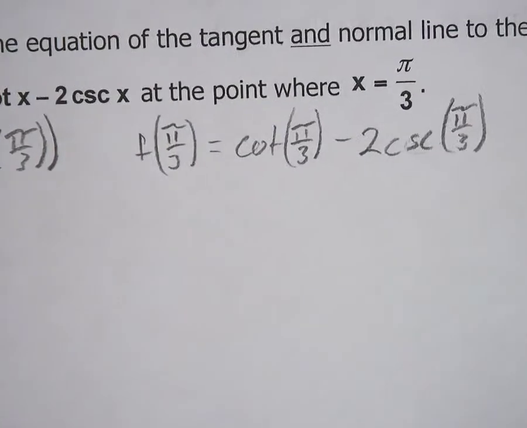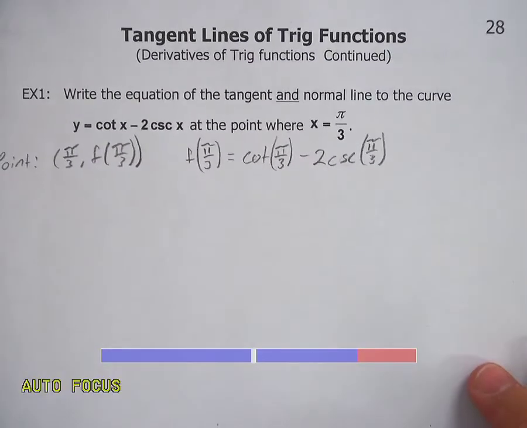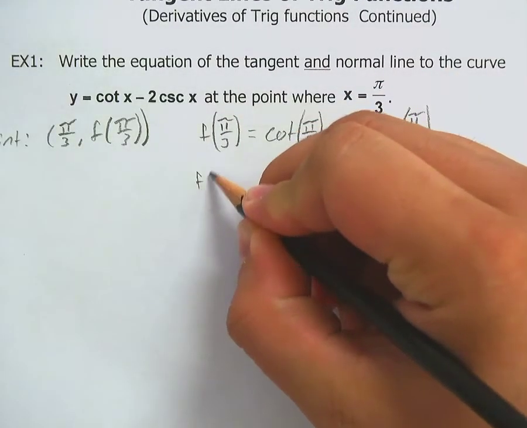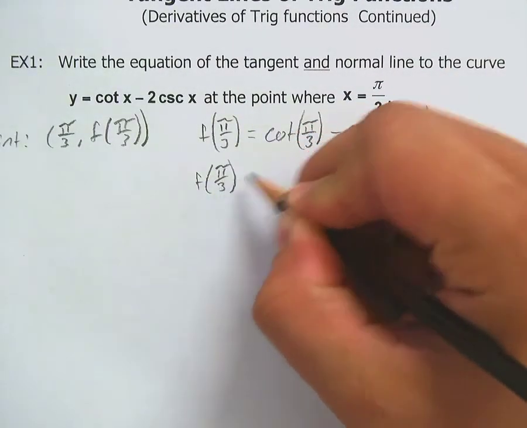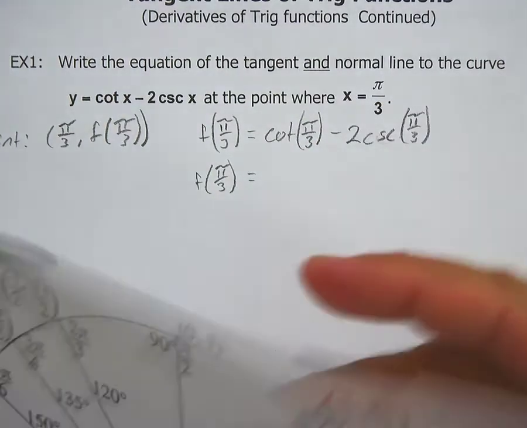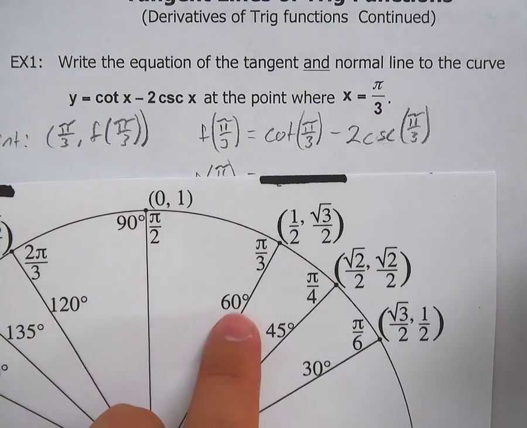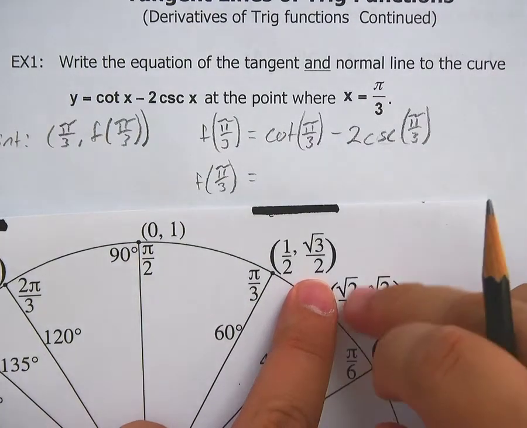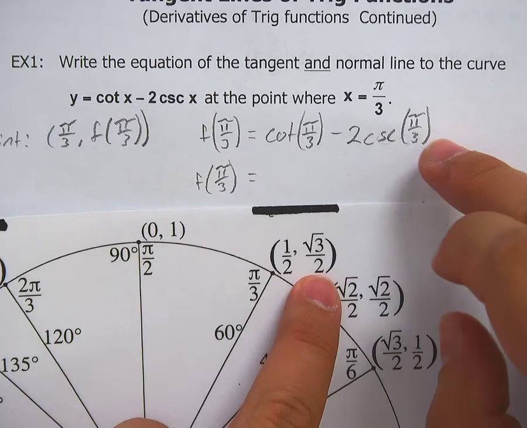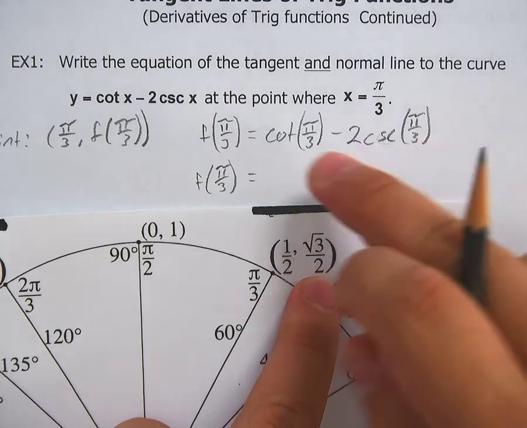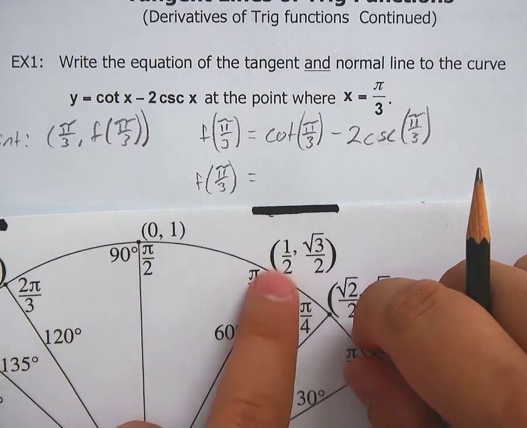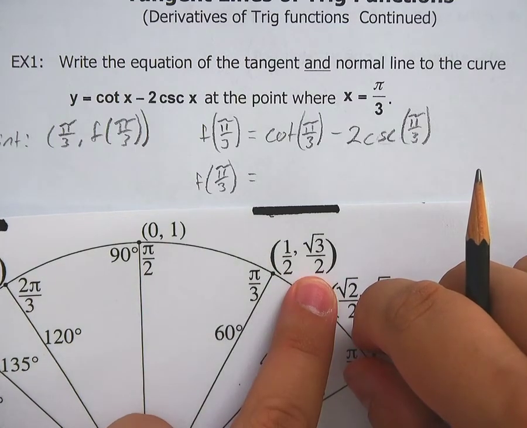So back to here. I'm still finding f of pi over 3. I'm going to go to pi over 3 on my unit circle, which is right here. I look at my y value for cosecant, and I'm going to flip that. Let's do cotangent first. Cotangent is x over y, 1/2 over square root of 3 over 2.